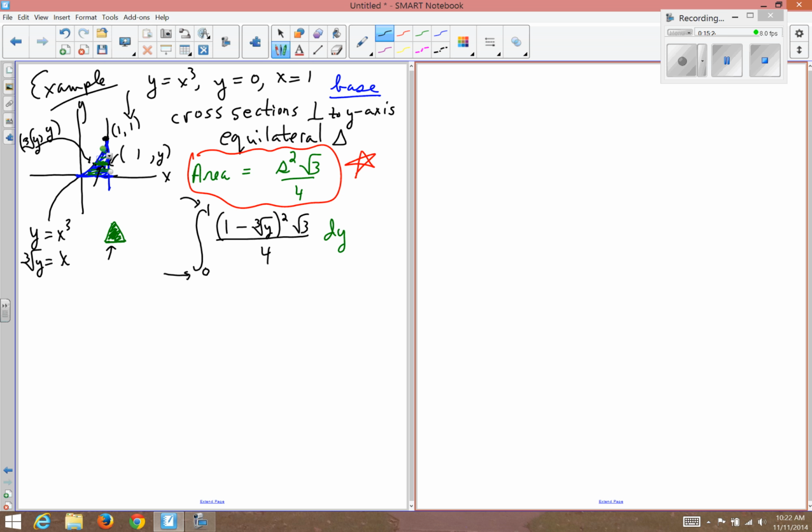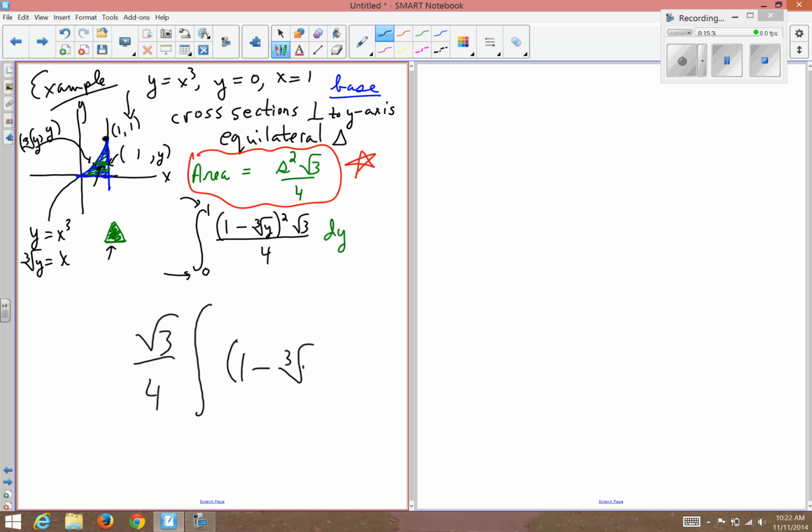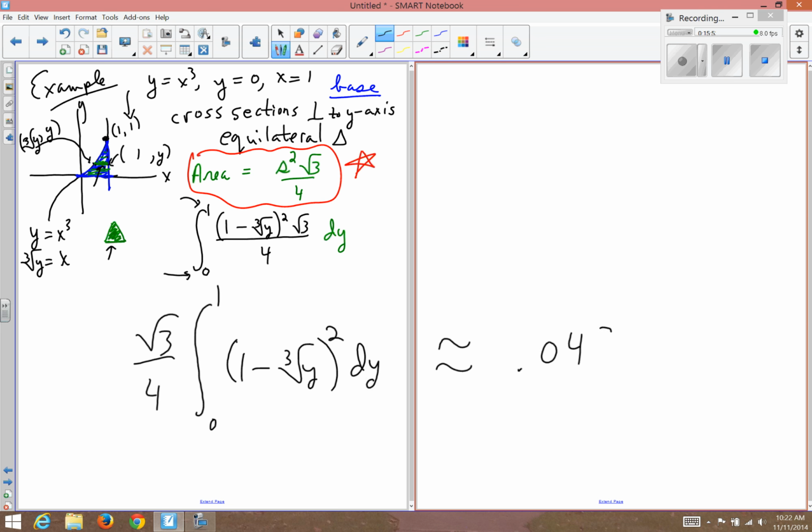So I'm going to rearrange this and then put this in the calculator. Let's take the radical 3 over 4 to the left of the integral sign, leaving to the right, parentheses 1 minus the cube root of y, all of this squared, dy, from 0 to 1. When you put this in the calculator, you'll get 0.043.